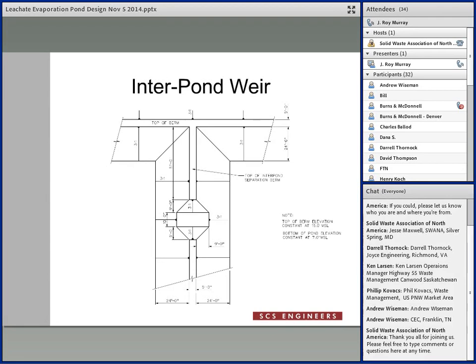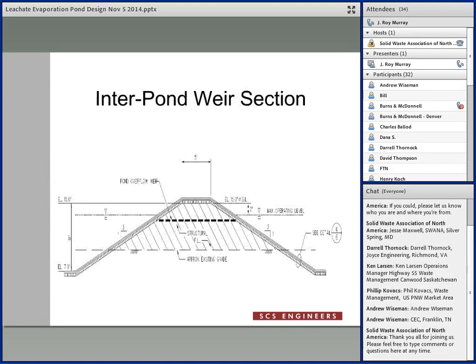So in this case, where we have the landfill gas condensate that is going into the southern pond, should that get to be so much that the liquid level in that first pond gets higher than the other one, then it would spill over into the other pond prior to getting to your maximum operating level.